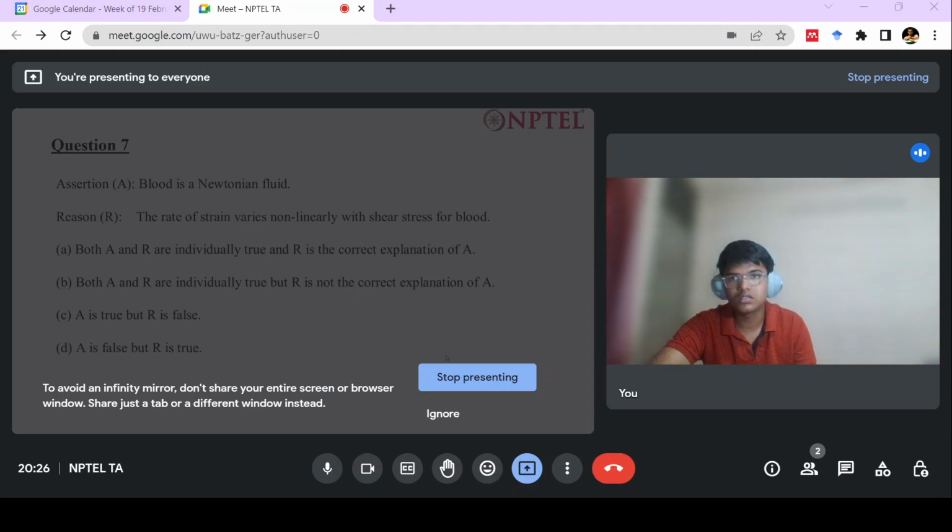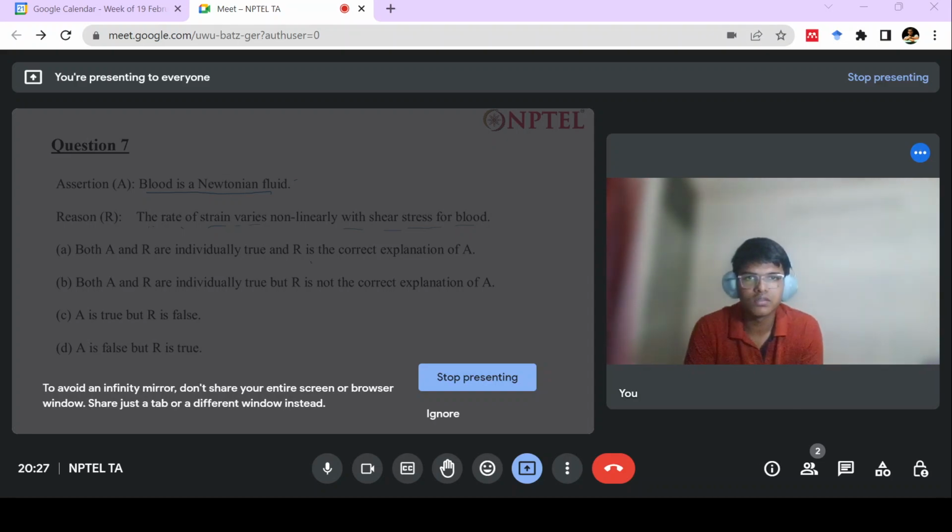So let's go to the next question. The next question is just an assertion reasoning. Here the assertion is that blood is a Newtonian fluid, and the reasoning is given as the rate of strain varies non-linearly with shear stress for blood. Is blood Newtonian?